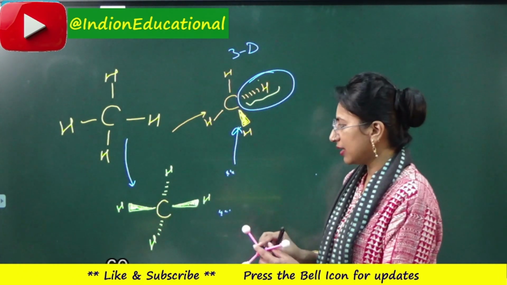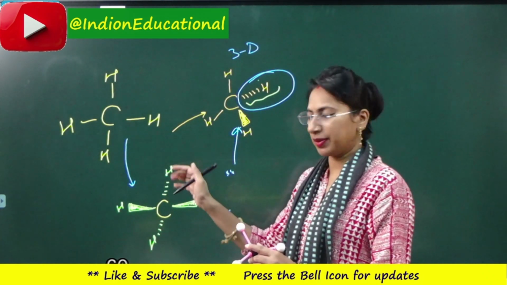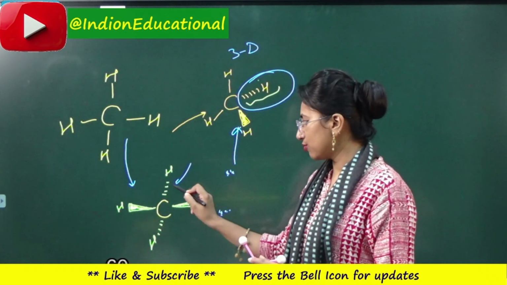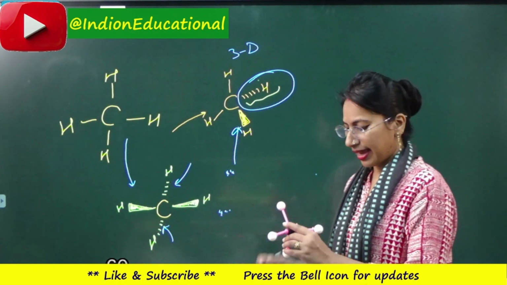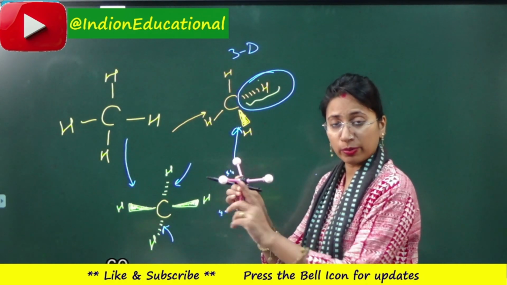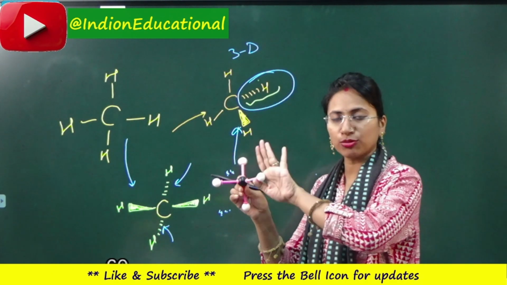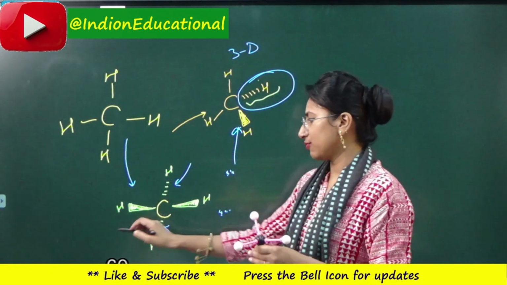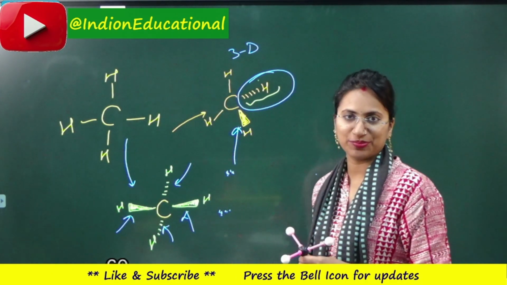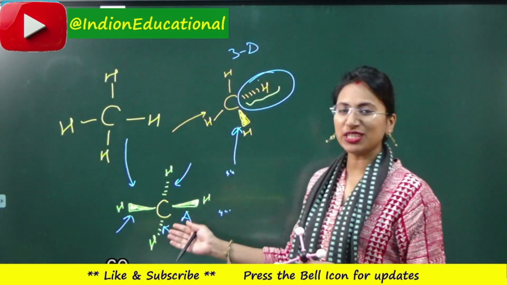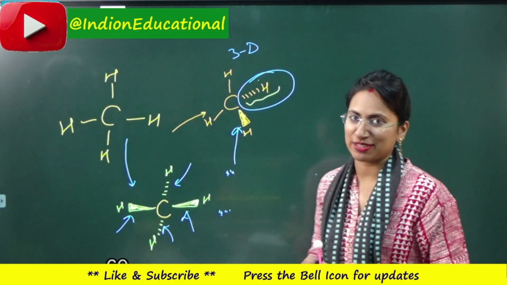These 2 behind the plane are represented by dashes, and the 2 carbon hydrogen bonds pointing outside the plane are represented by wedges. This representation is used in isomerism.